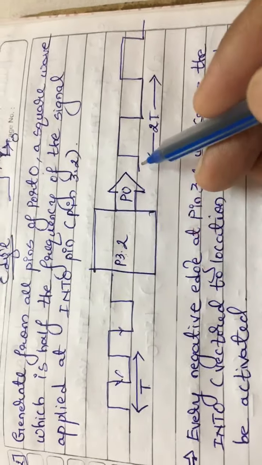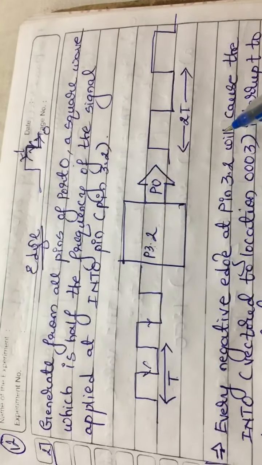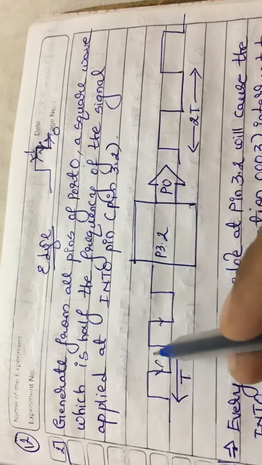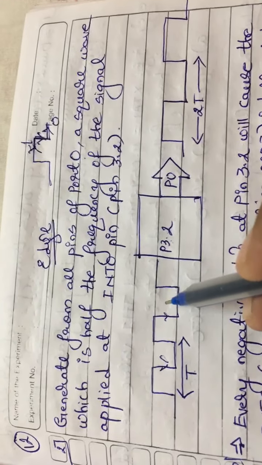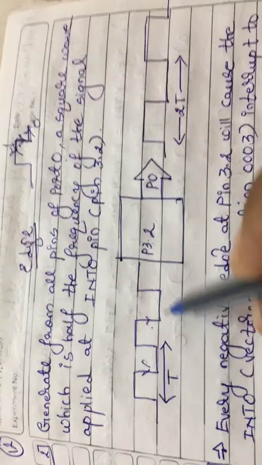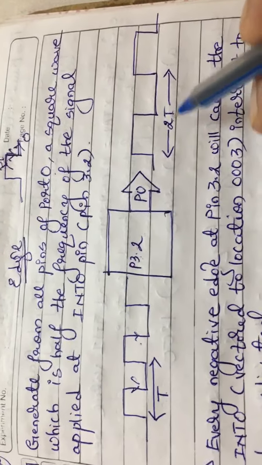So by this we will come to know that we need to use the edge triggering, right? In the picture they have given the wave having T, and we need to get half of the frequency, that is 2T, right?